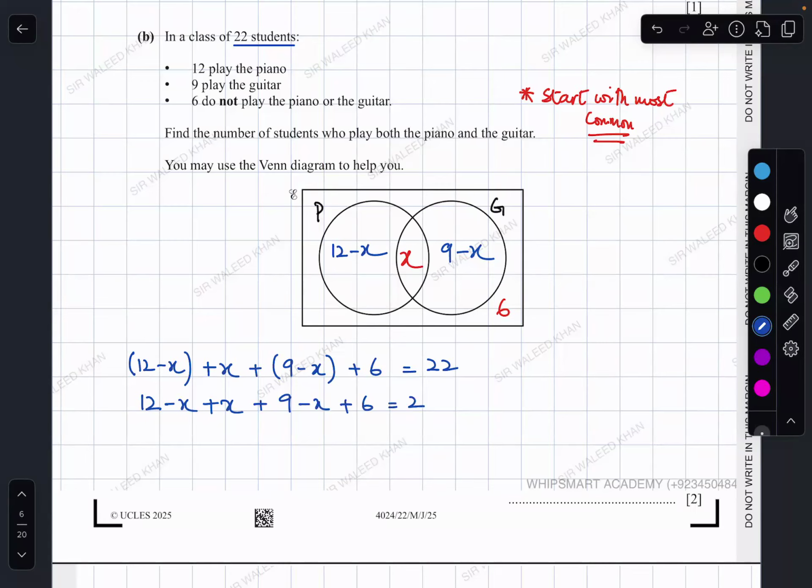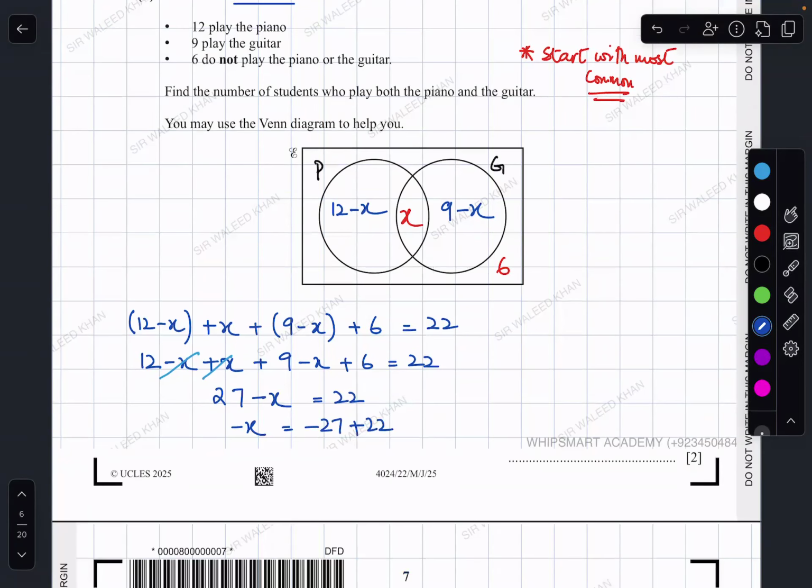If somebody is struggling with the basic rearranging, you should fix your algebra before the paper. Before your P2, you have to work on your algebra. Okay, so this will be 27 minus x is equal to 22. So this should be minus x is equal to minus 27 plus 22. So we have x as 5.